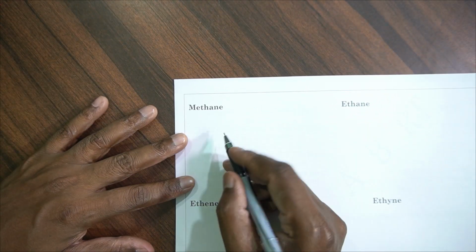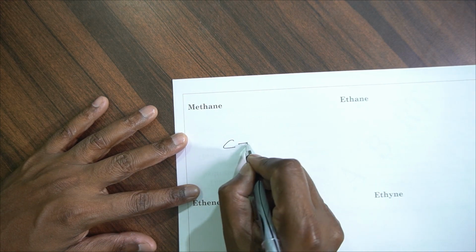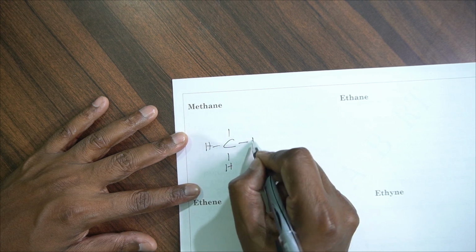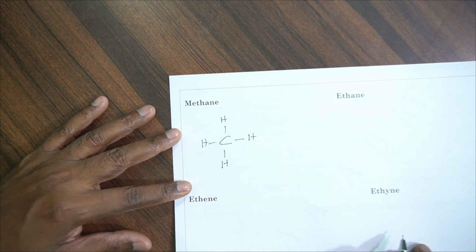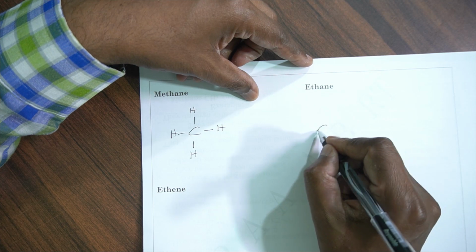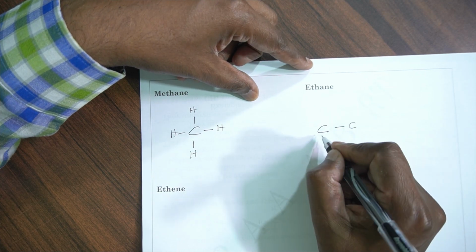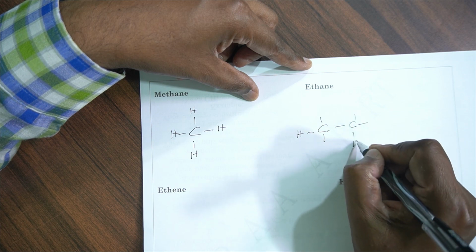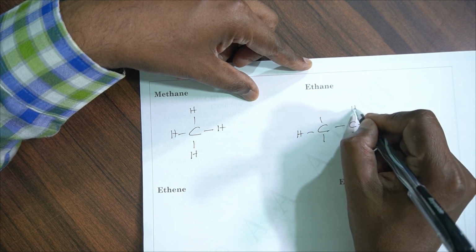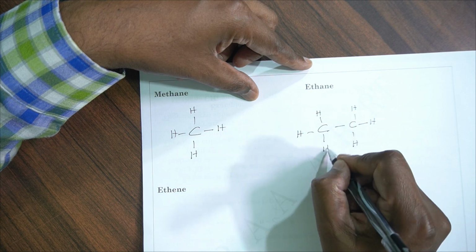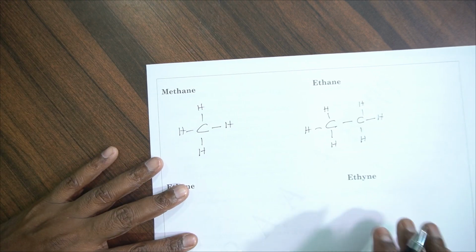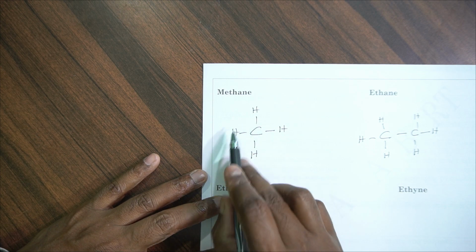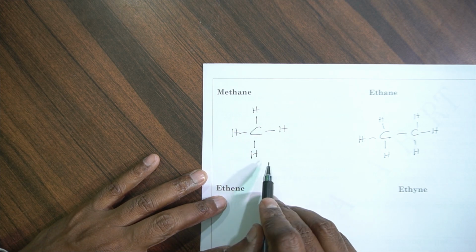So we have methane. Methane has a carbon atom and 4 hydrogen atoms. So this is methane, right? Now ethane, carbon to carbon single bond. We just studied in the last video that a carbon can have 4 bonds. Now check this carbon, it has 4 bonds with 4 hydrogens, so a sufficient number of hydrogens is there.